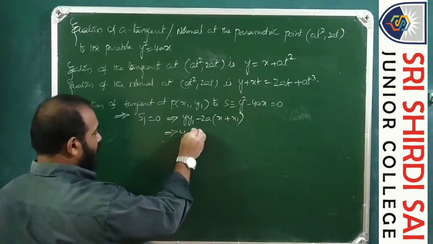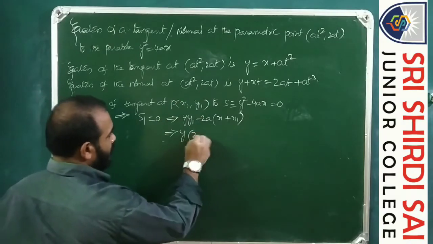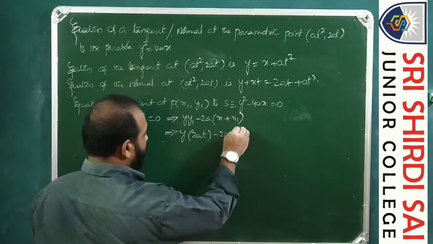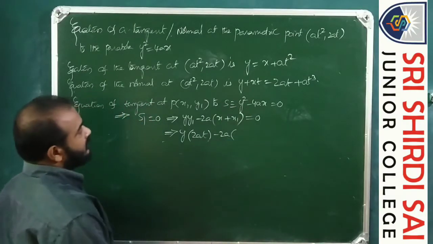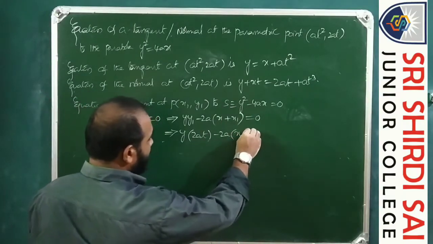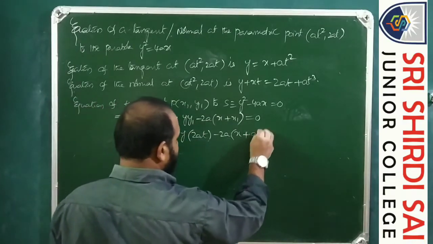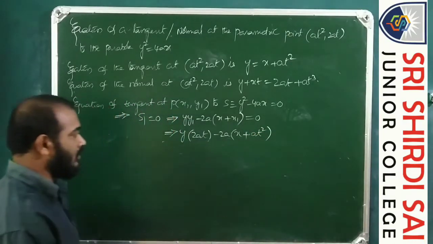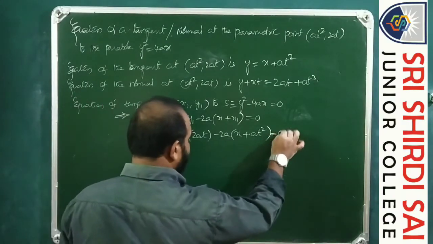So what is y1? 2at, minus 2a into x plus x1 equals 0. Here x1 is at², so x plus at² equals 0.